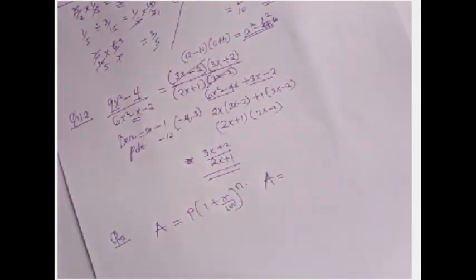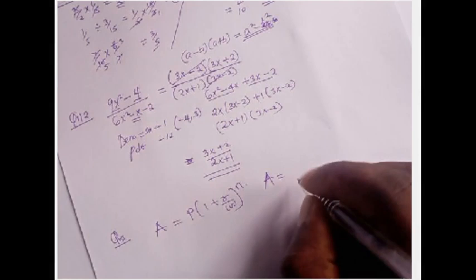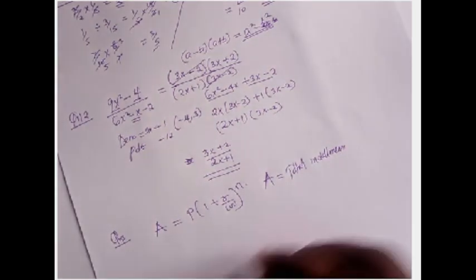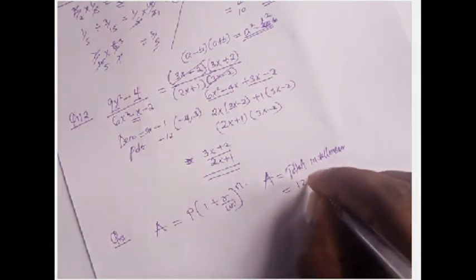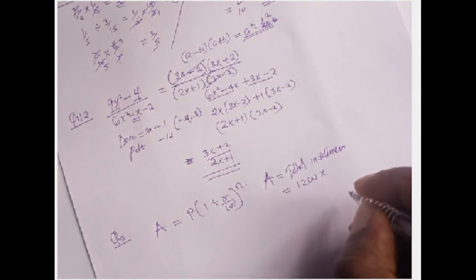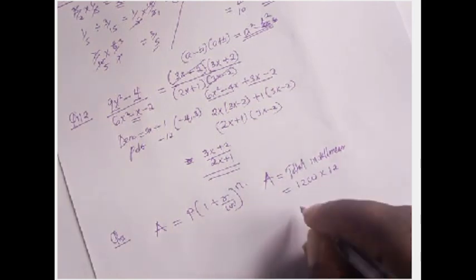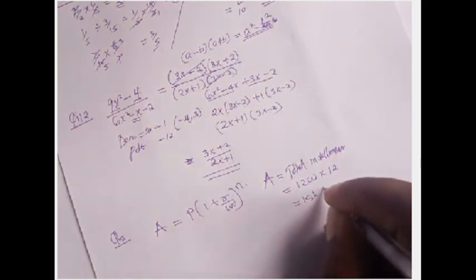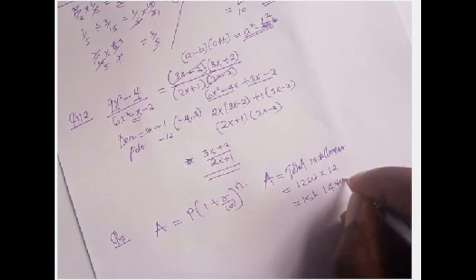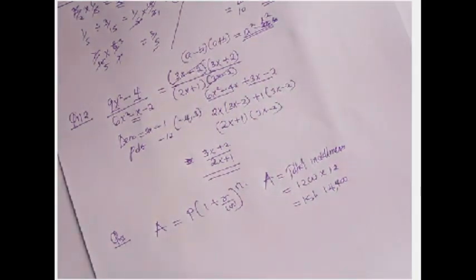Amount in this case is the borrowed amount, which is usually equal to total installments, which is 1,200, each installment, times the number of months, which gives us 14,400 shillings.